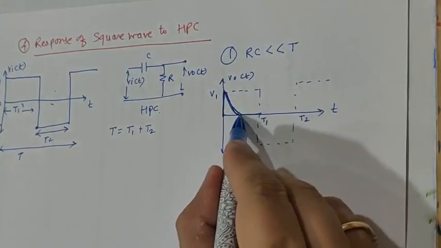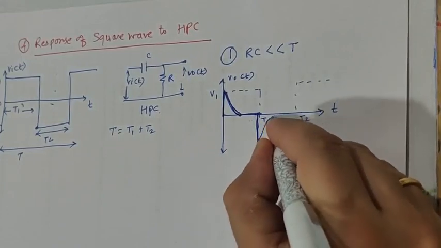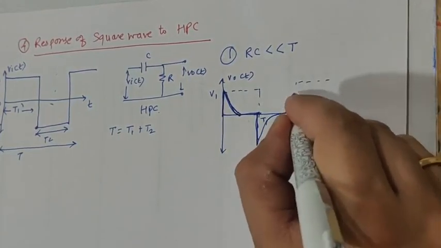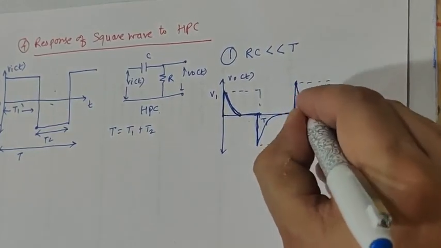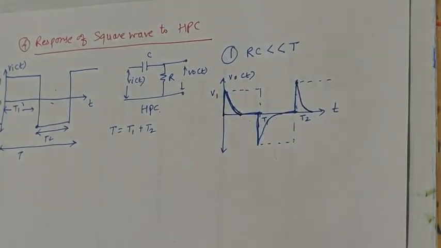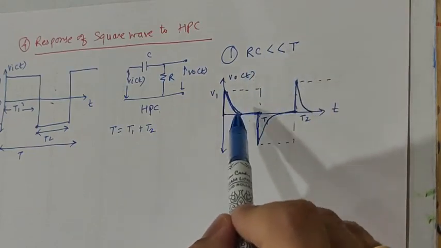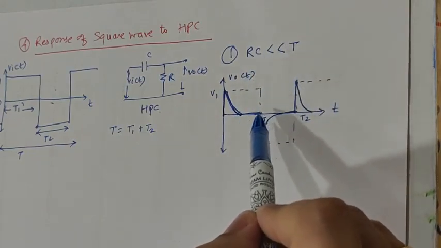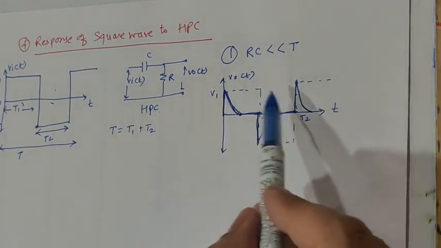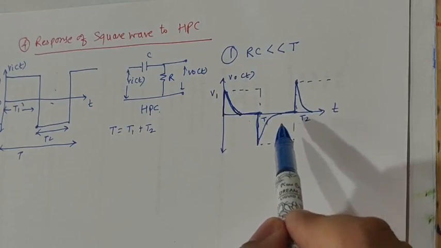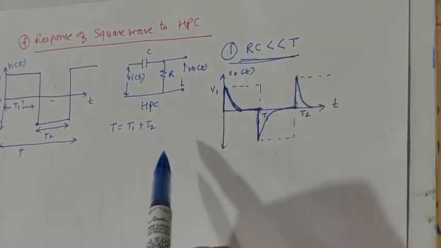Now it will be stretched, then it is going to be negative, and then from negative it will fall down very early before the time lapses. So this is going to be the output for RC quite less than capital T. So the waveform is not lasting the time period, but it is dying down way before the time periods capital T1 and capital T2, and this will happen for RC quite less than T.